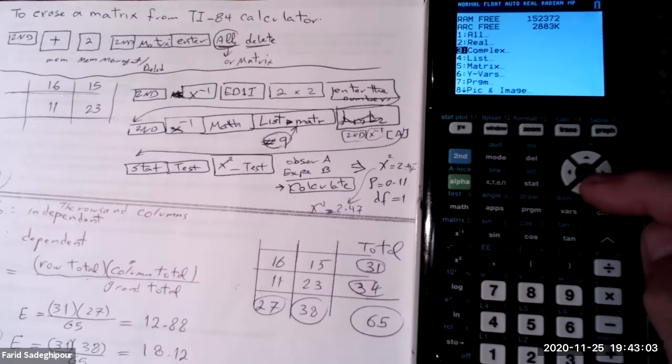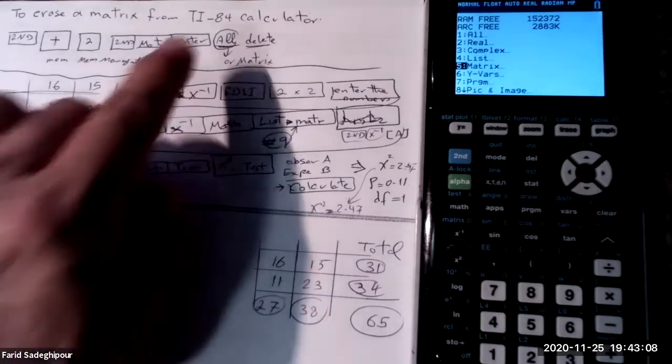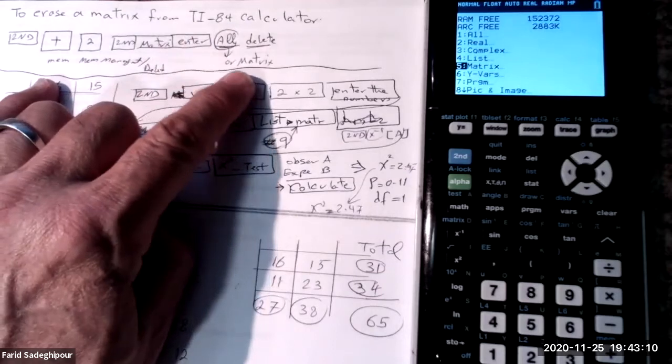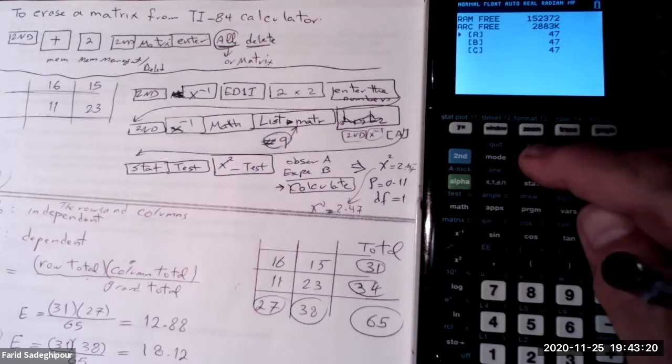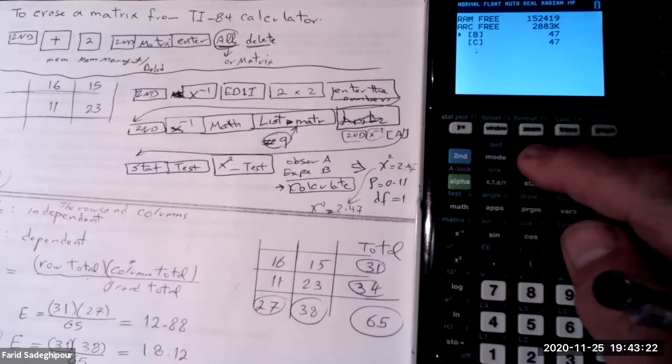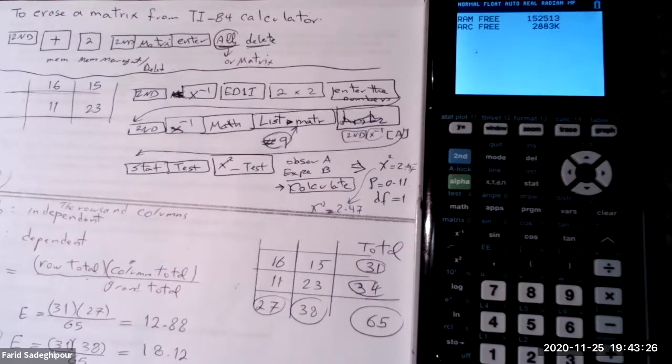So let's just scroll down to number 5. See, do you want all? No, I think you just want to delete the matrix. And then enter. Okay, do I want to delete A? Yes, go to delete. Do you want to delete this? Yes. Okay, so I shouldn't see any matrix now.